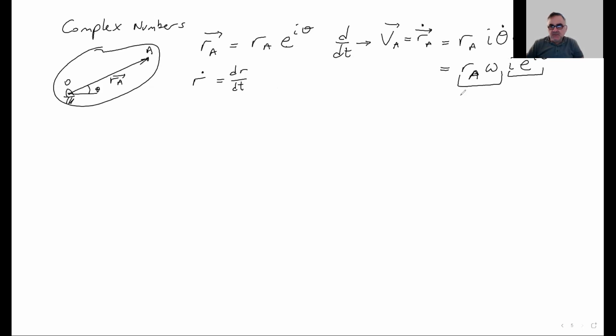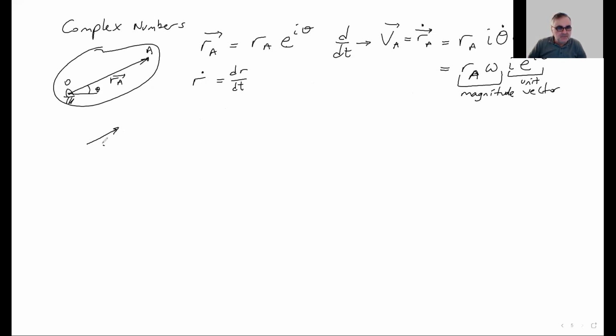So this is the magnitude for the velocity. And this part is the unit vector again. So the magnitude is RA times omega for the velocity. And the unit vector is I times, what is the direction? As we know, multiplying by I basically means rotating a vector.